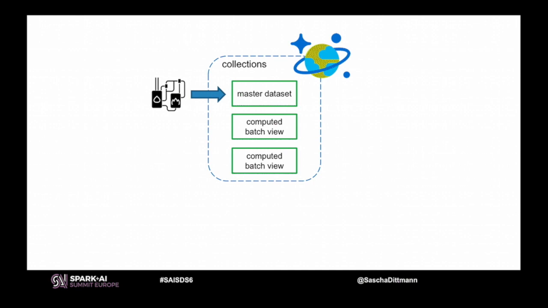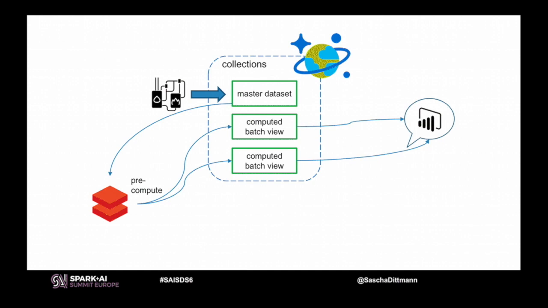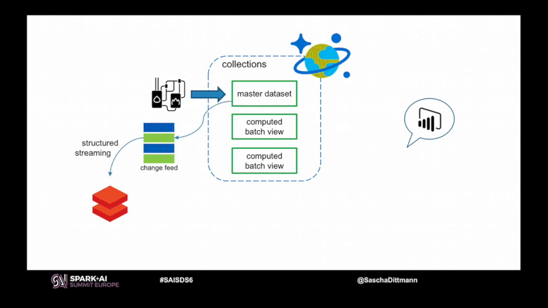And the systems directly ingest the data into the master data set. Then Azure Databricks more or less pulls the data out of the master data set and generates new ones for the computed batch collections. And then I can directly attach, for example, Power BI or anything else, to that system. Same for live data. I can pull the data from the change feed to the structured streaming capabilities of Databricks, and again, generate a real-time view.